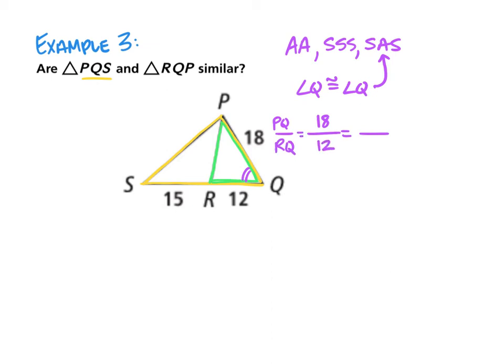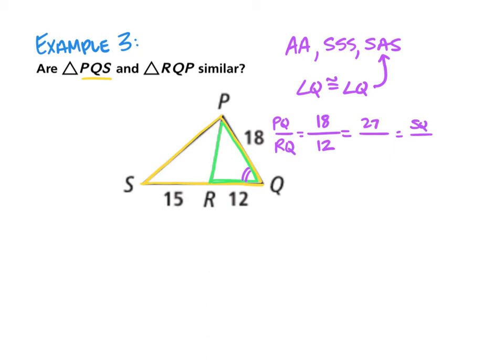And now in this other ratio, we're going to pair up the longer of the two sides in each triangle. Now I have to be consistent here. This 18 was PQ, being used on the yellow triangle, so I put that on top. So this other number here has to be the longer of the two sides on the yellow triangle in my picture, which is SQ, which has a length of 27.